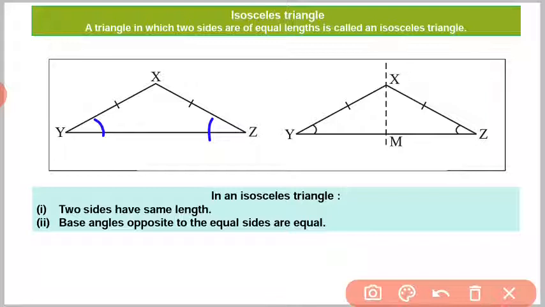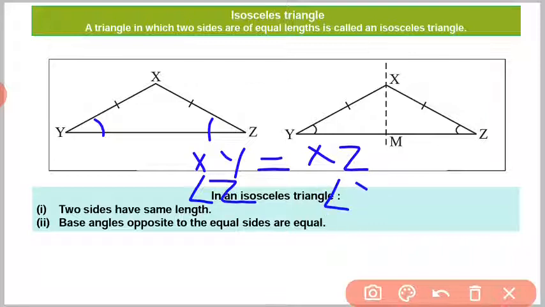These two are base angles, and angle y is opposite to XZ, means two sides are equal, that is XY is equal to XZ. Which angle is opposite to side XY? It is angle z. And which angle is opposite to XZ? It is angle y.